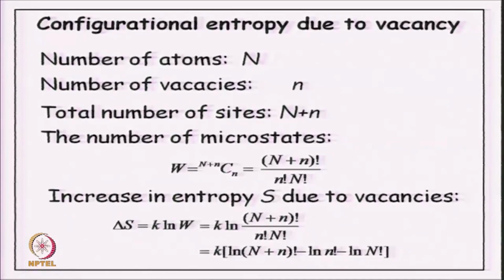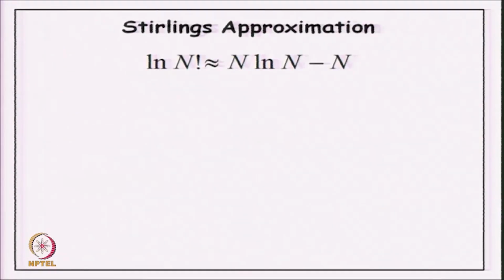So, there is a process to simplify finding the logarithm of large factorials, and that will be very useful for us. We will look at that mathematical approximation given by Stirling, known as Stirling's approximation: log of factorial n, for large n, is simply n log n minus n.